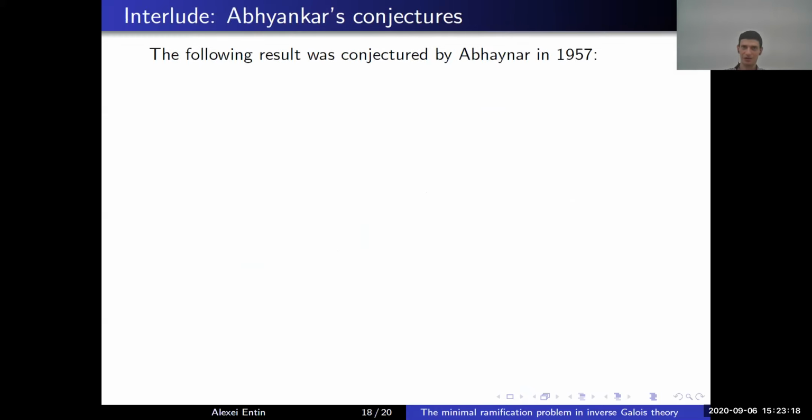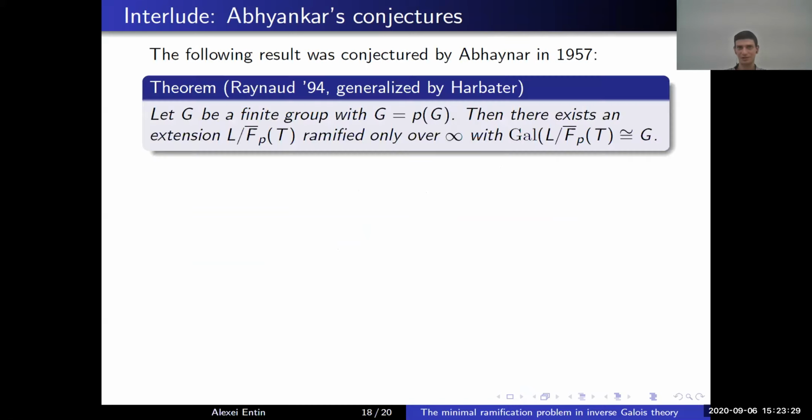And I will finish with the final construction, which is closely related to a famous result called Abhyankar's conjecture, which was stated as a conjecture in '57, but proved by Raynaud, generalized by Harbater in the 90s, which says that if G is a finite group, well, this is a special case of the conjecture, it says that if G is a finite group which is its own p(G), i.e. generated by its p-Sylow subgroups, then there exists an extension over F_p bar of T, right?